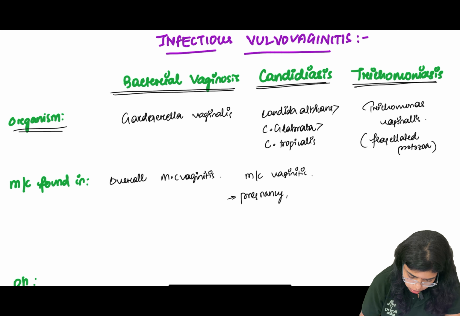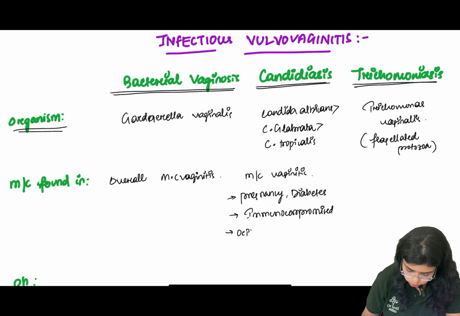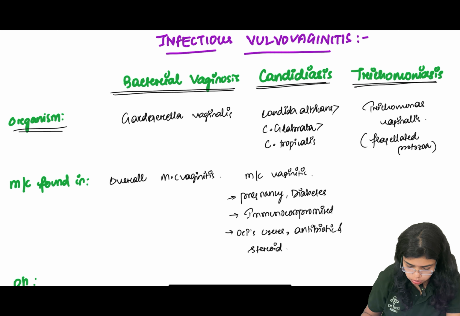So pregnancy, then diabetes, other immunocompromised conditions when we take steroids or OCP pills, diabetes, OCP users, and also antibiotic and steroid use. So here in these cases it is most common.